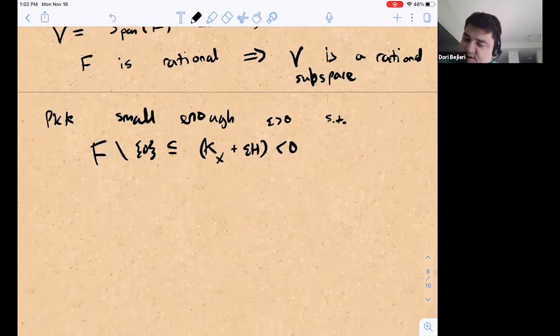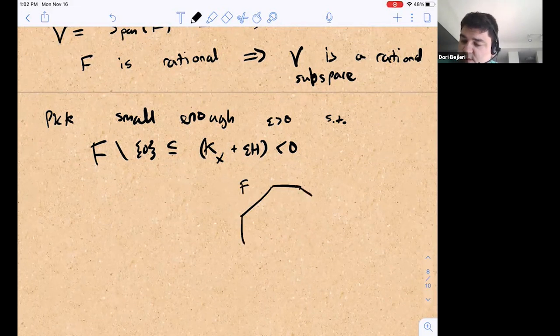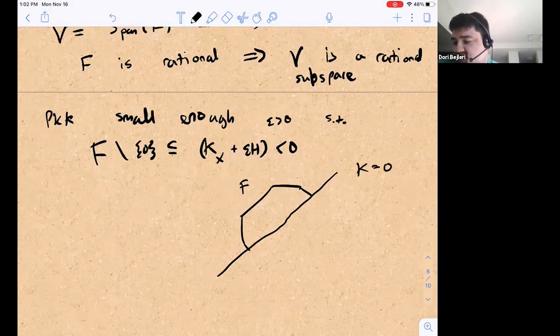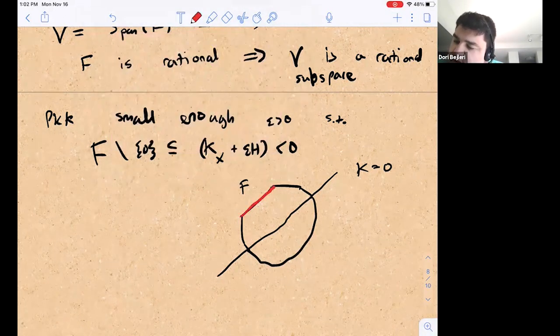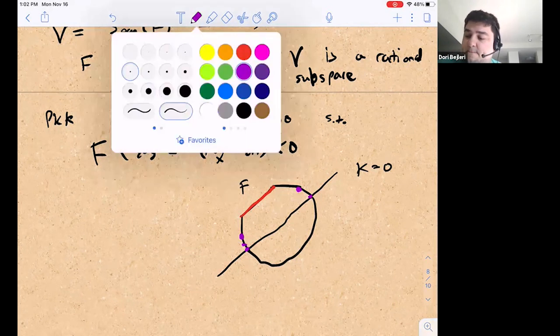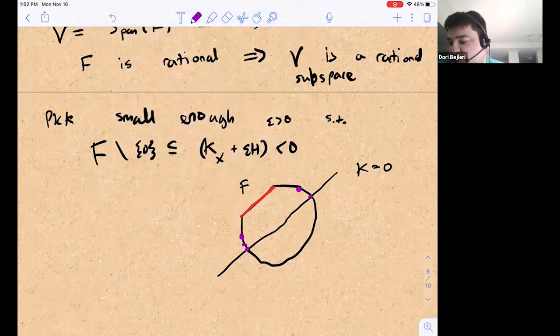So we have our face F. Here's K equals 0. Here's our non-negative part. Let me use a different color for F. So there's F. And now look at all of the rays that span the negative side. Look at all of them that are not contained inside of F. And take the cone spanned by just all of this stuff. So here it is.